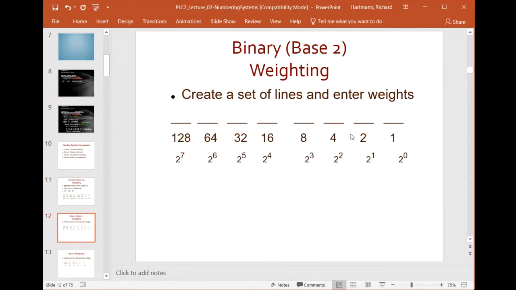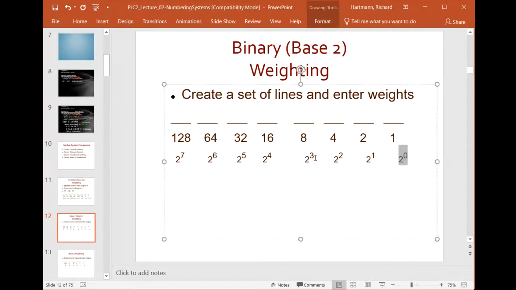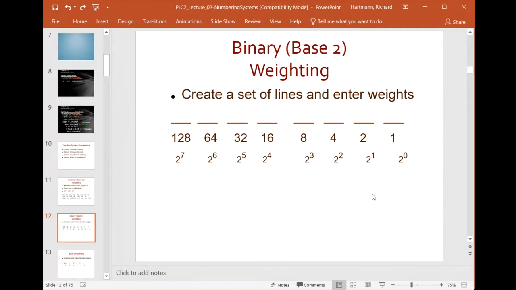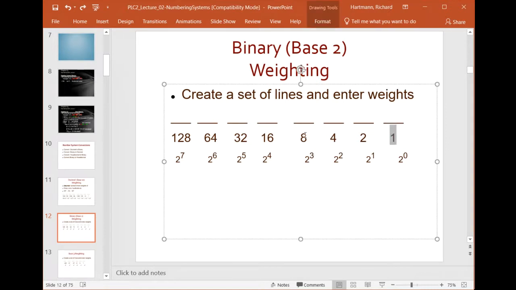If we do binary, we have 2 to the 0th power, which is a 1. This is always the ones column, no matter which numbering system you're doing. Even with a base 43 numbering system, it would be 43 to the 0th power, and it would still be a ones column.